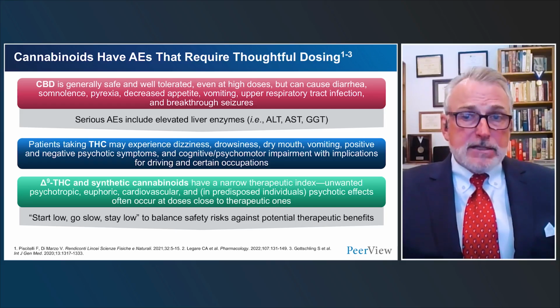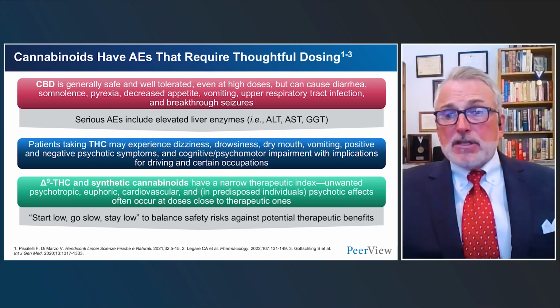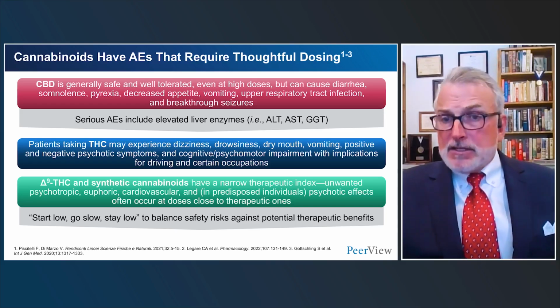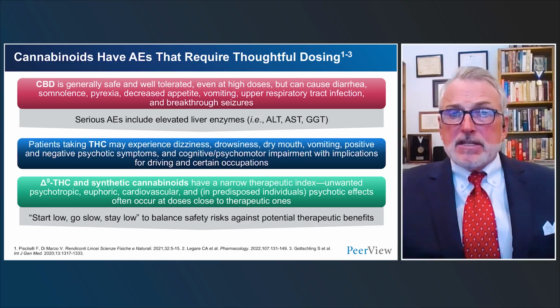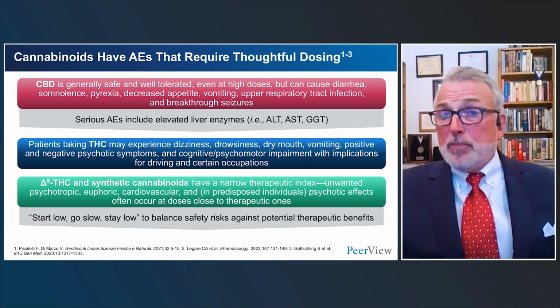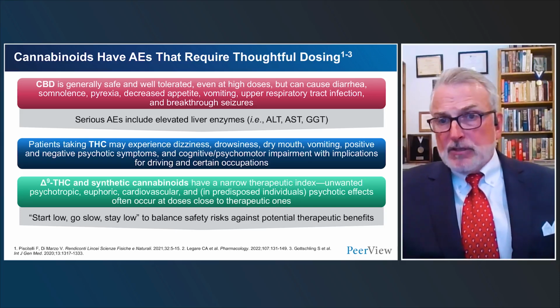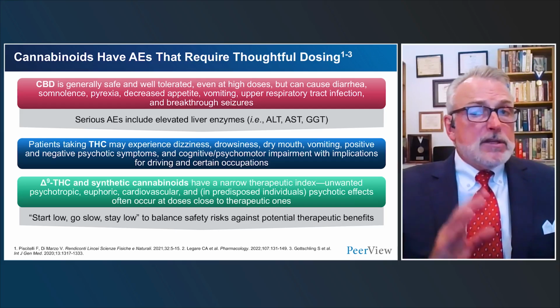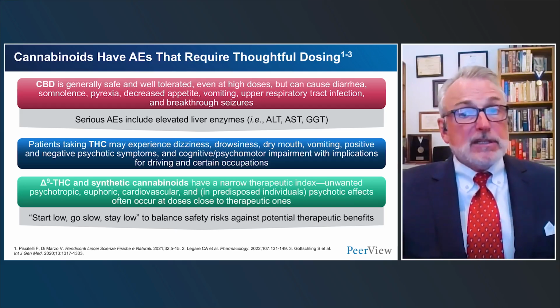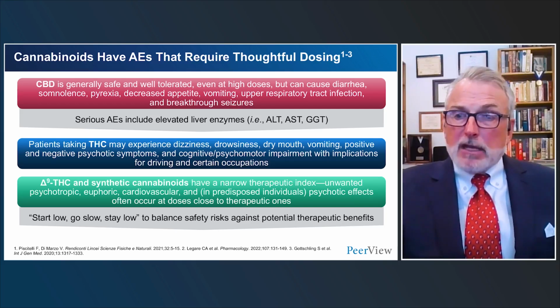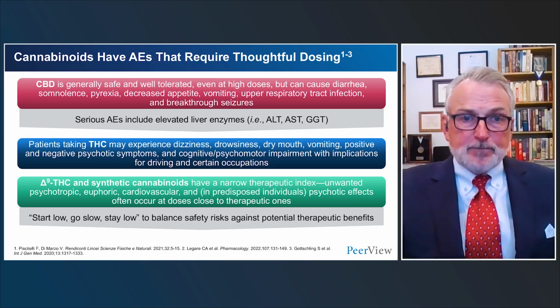On the other hand, THC can be the source of a lot of psychoactivity and a lot of psychological side effects, including dizziness, drowsiness, and dry mouth to start with, but uncontrolled vomiting and negative psychotic symptoms in extreme cases. Now, this is not true of all patients, but it does appear to vary depending potentially on the genetic makeup of the patient themselves.